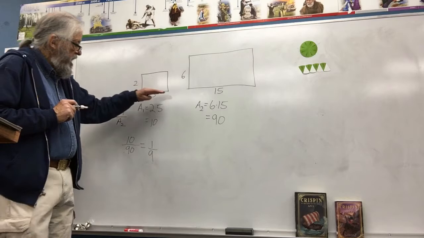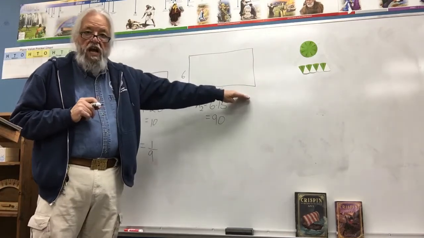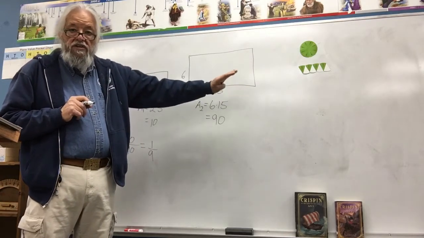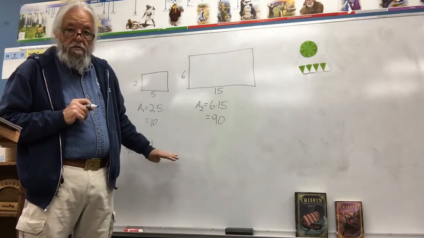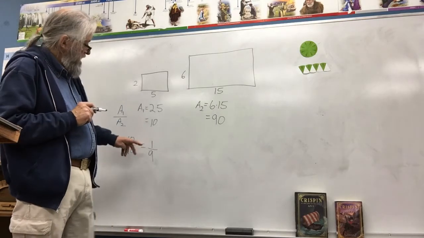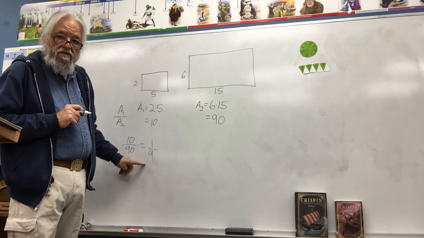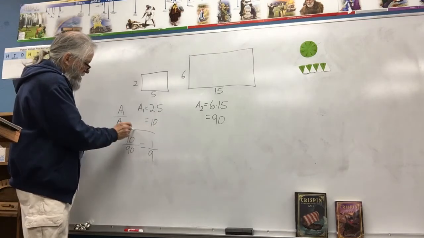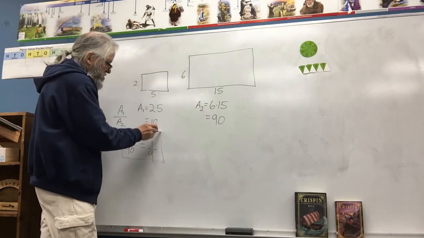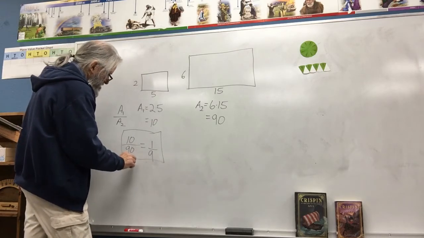So if you're going to have any other rectangle and you want it to be proportional, it's still going to have this ratio of 1 to 9. So this right here, remember, comparing two ratios, that's called a proportion.